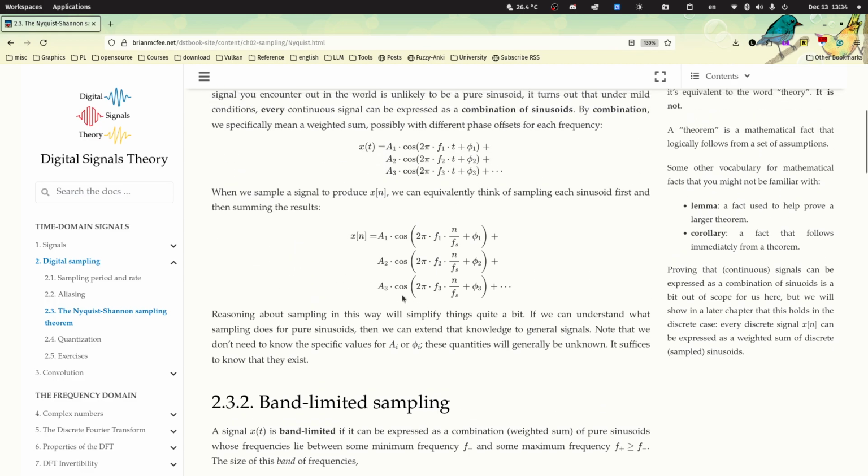Because of that, we can reason about sampling with just one cosine function without all those other terms. Note that we don't need to know the specific values for A and phi. These quantities will generally be unknown.